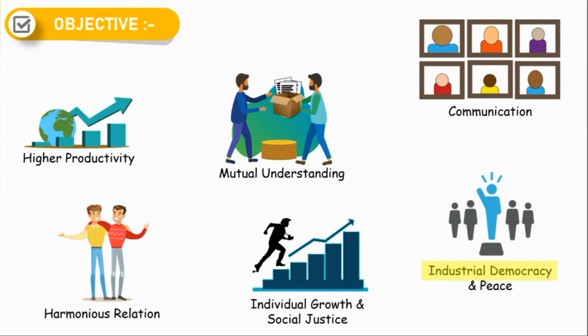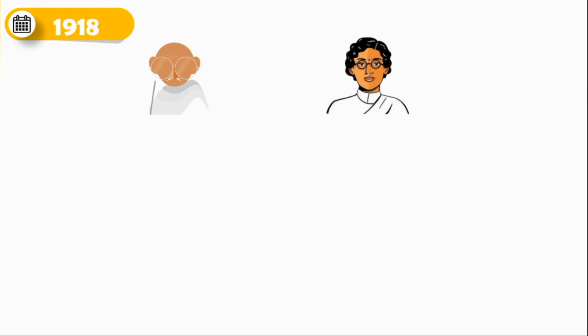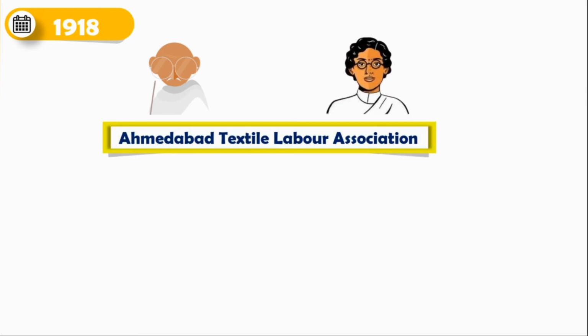Now, if we are talking about the workers' participation in the management, then you should know that it is not that the workers got this right only after the inclusion of Article 43A to the Indian Constitution. No. In the year 1918, Mahatma Gandhi along with Anusuya Sarabhai founded Ahmedabad Textile Labour Association.